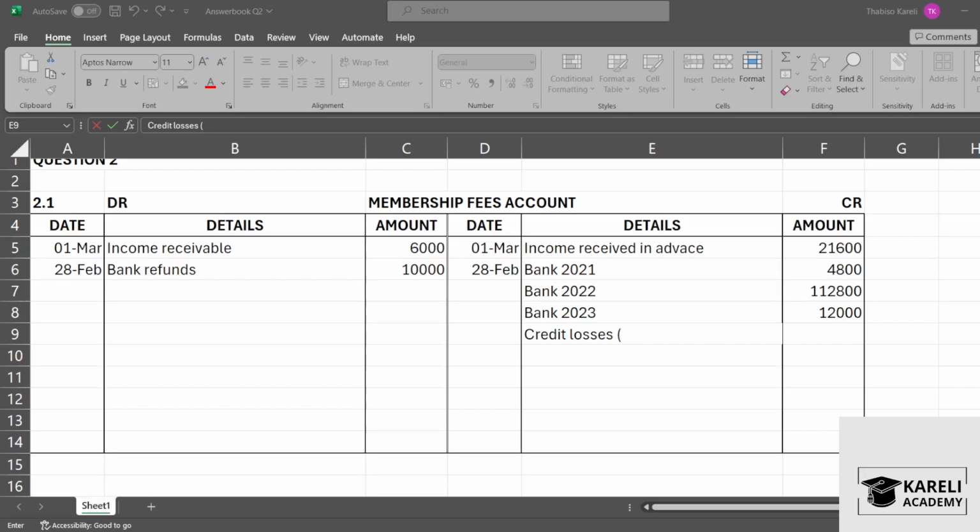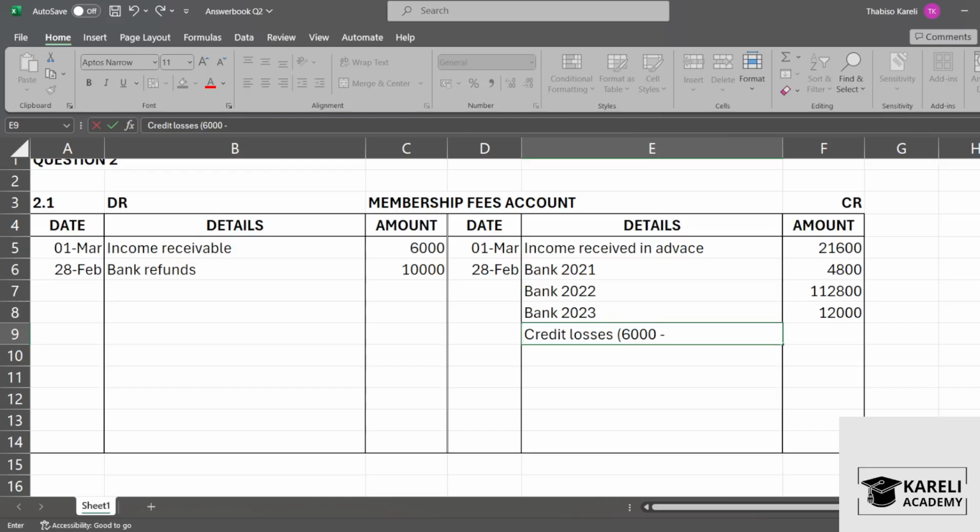Now you will see those on your opening balances. Their income receivable, it means 6,000 was outstanding. Now you write that 6,000, it was outstanding. Now from that amount that was outstanding, 4,800 was paid for 2021.